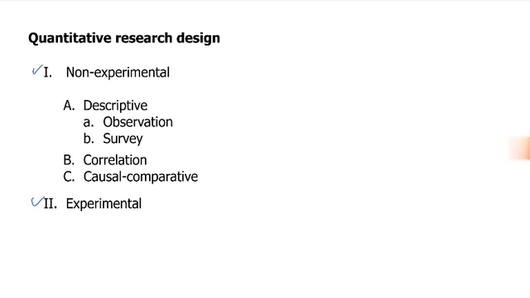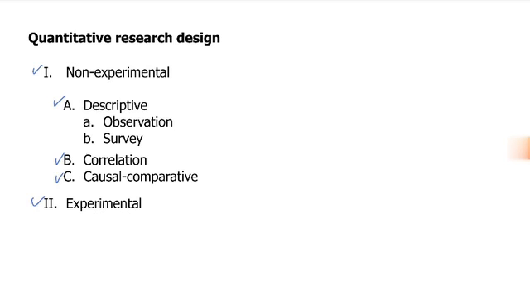So under this type of design, may tatlo pa tayong categories. Pwedeng descriptive. So it will describe something, di ba? Later on, it will be discussed. Correlation or relationship. Causal and comparative. Ibig sabihin, may magaganap dito ang comparison and cause and effect relationship. Makita natin dito.